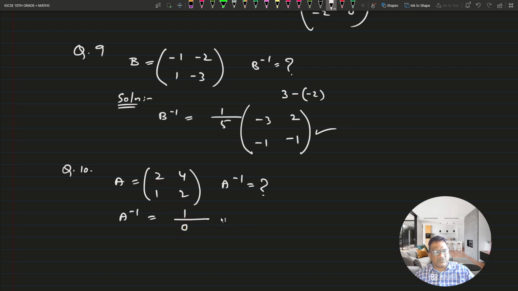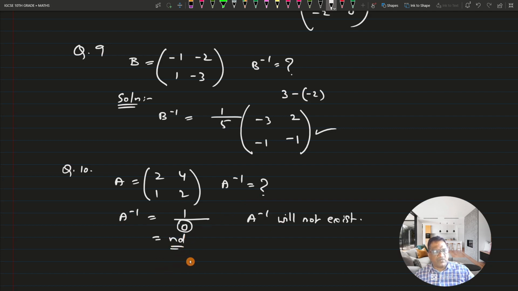Here the determinant is not defined, because in the denominator you are getting a 0. So A inverse will not exist. There is no point in trying to find the adjoint of the matrix A, because the determinant itself is not defined.